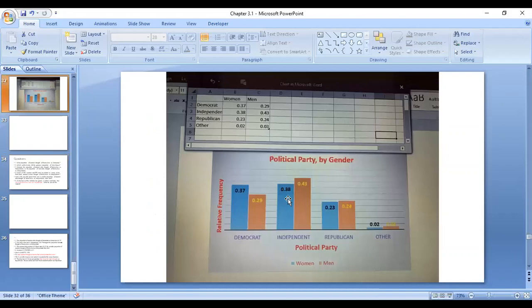You see the woman is 0.38, the man is 0.43. That is 43% for the man and 38% for the woman. But when you find the number, the woman is bigger than the man, because the number of women in the survey is greater than the men.